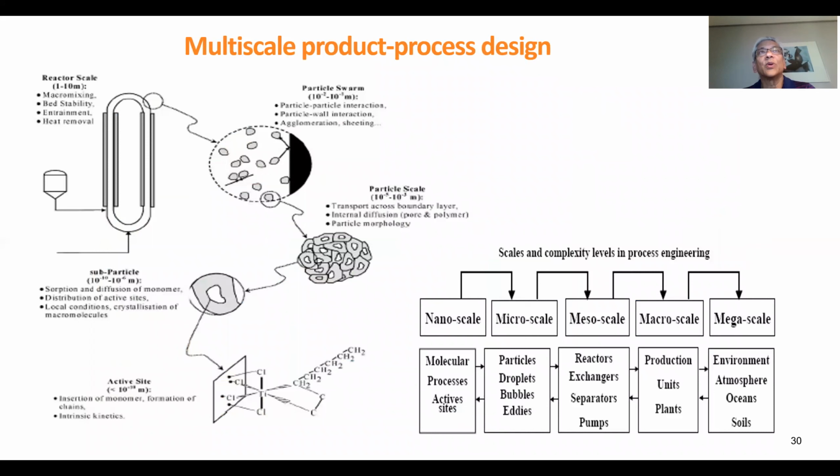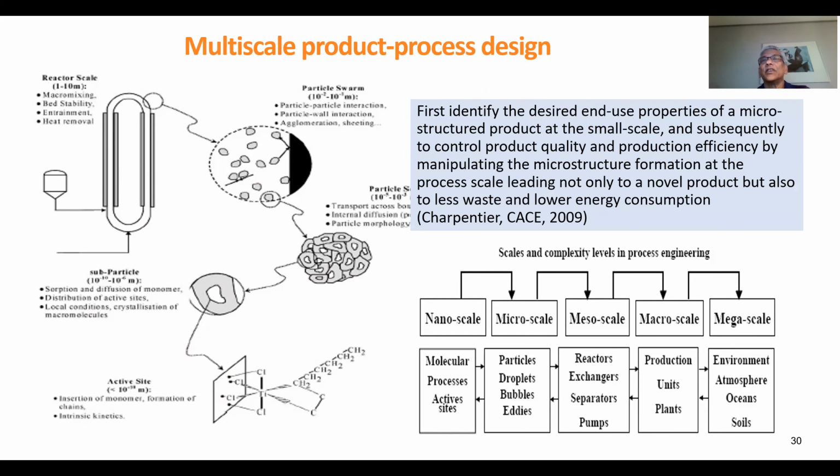Another one that is quite interesting is the case of multi-scale product process design. You see a reactor at the large scale, and then within the reactor, we have the particle, and then a swarm of particles, and then a single particle, and the structure of the particle on the surface. How are these related? This was very nicely described by Professor Charpentier.